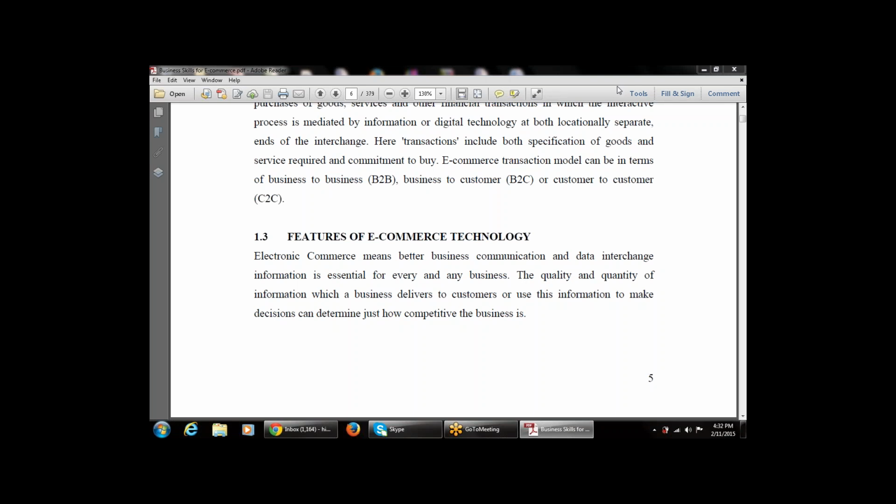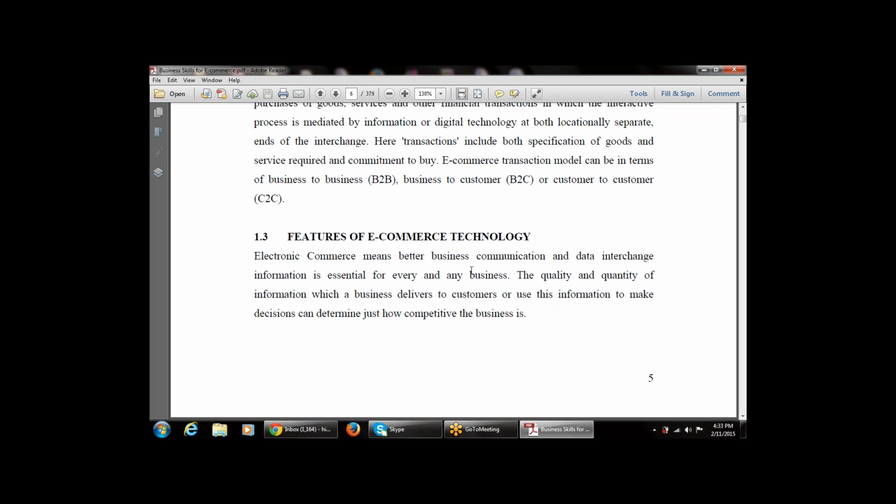In the last class we discussed the features of e-commerce, that is the qualities of e-commerce technology. E-commerce means better business communication, that is, whenever we communicate among businesses, it is done in a better way with the help of e-commerce. It means better communication and data interchange of information in every business.